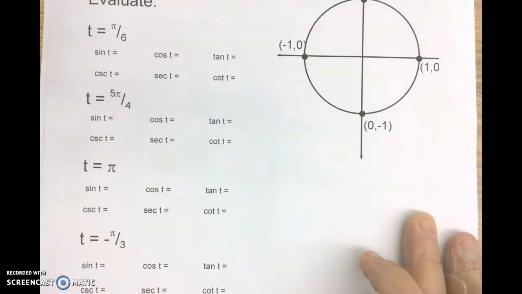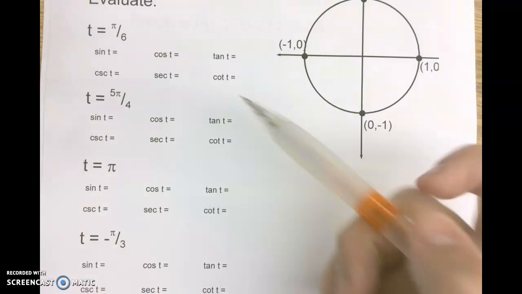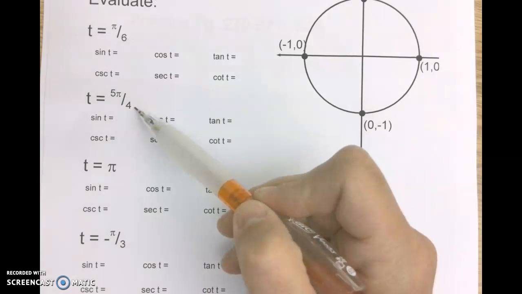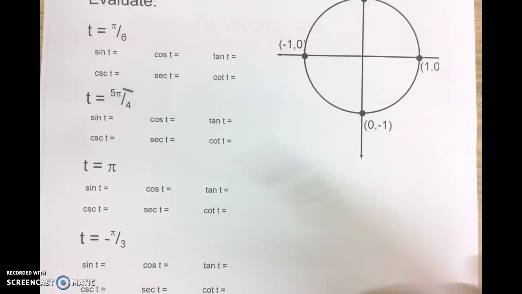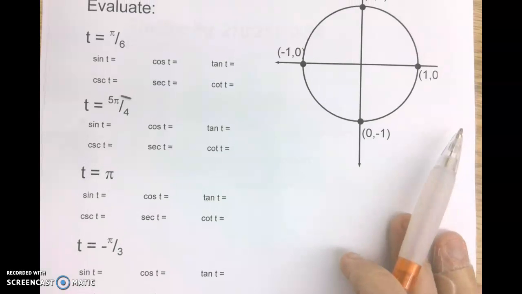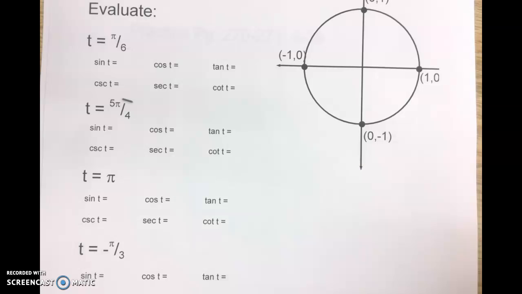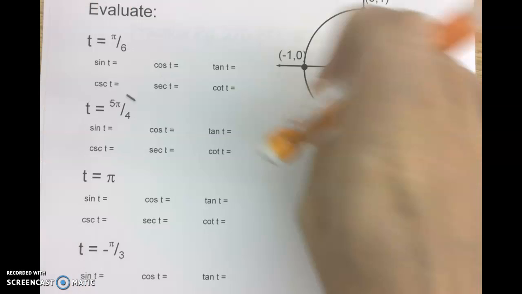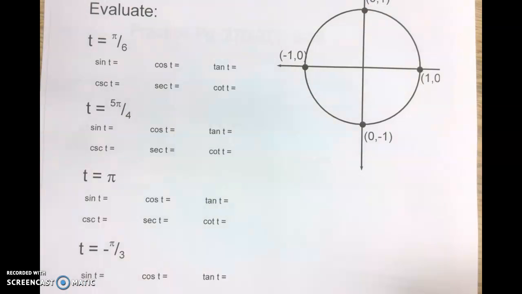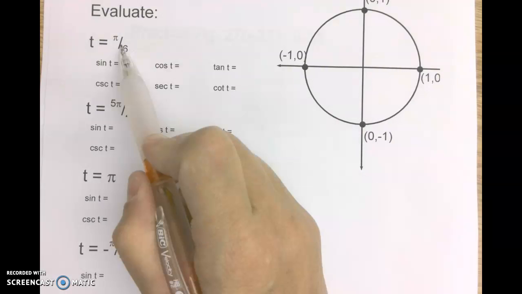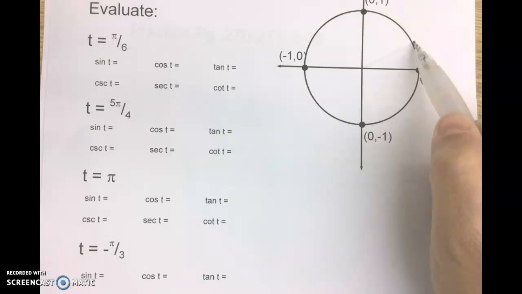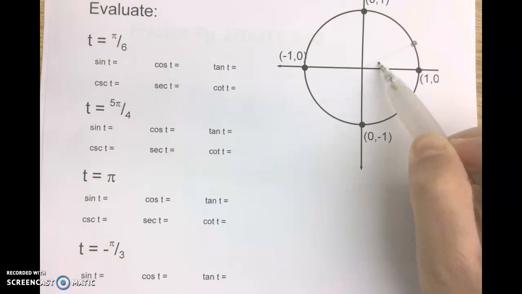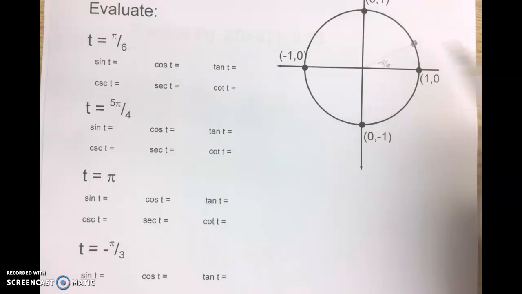So here I have a page full of angles. I've got pi over 6, 5 pi over 4, pi, and negative pi over 3. We're memorizing all of them, so we're going to have to evaluate every single one of them. Pi over 6 is about 30 degrees, so this right here represents a t of pi over 6.